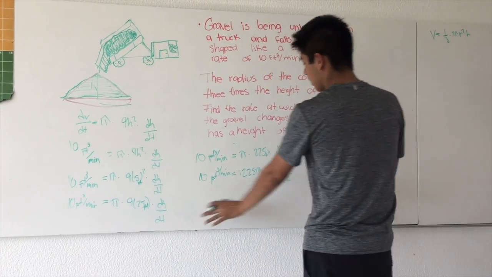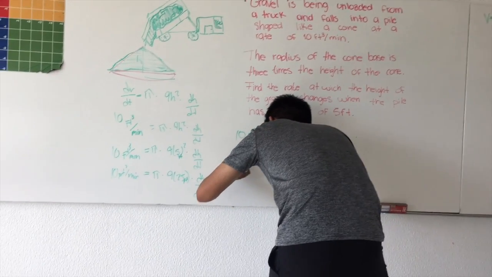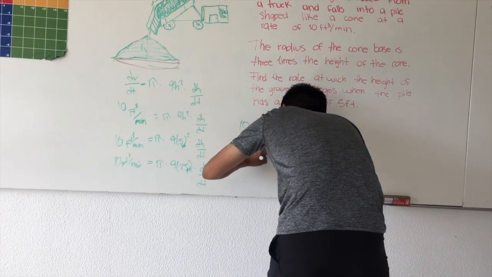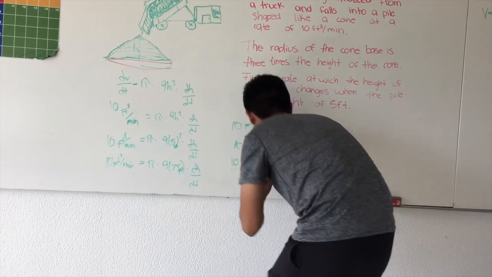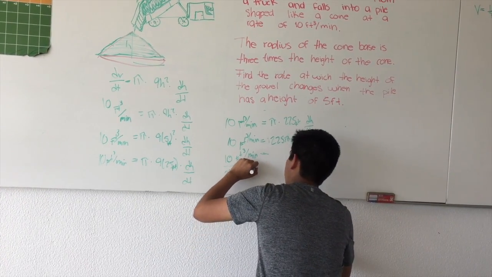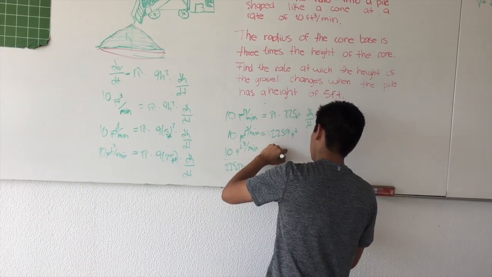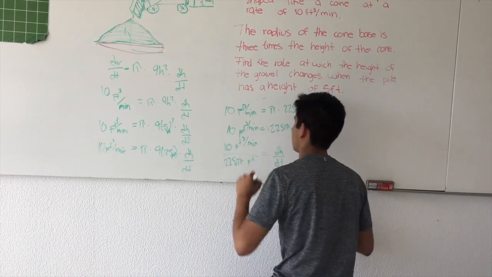And now we can simplify this and pass it dividing to the other side. So feet cubed per minute over 225 pi feet is equal to dh over dt.